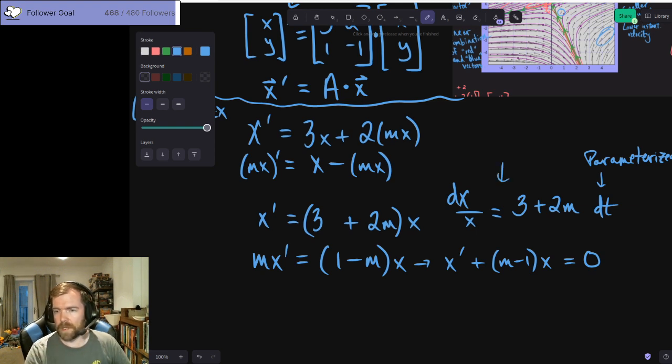Again, this top one here, we're going to end up using separability. And in the bottom case, this is just a first order linear.